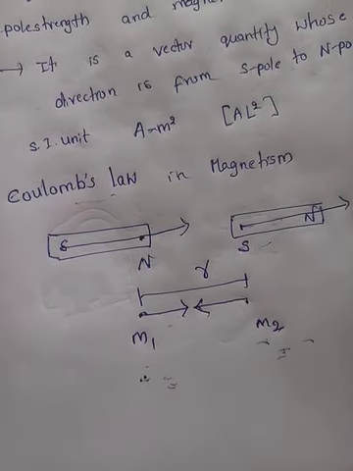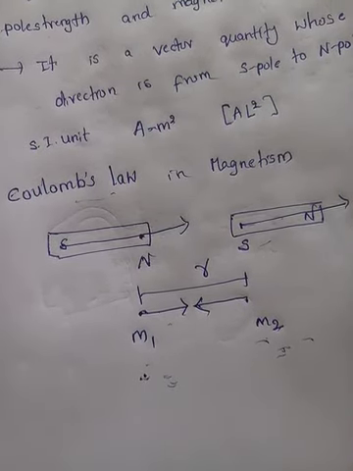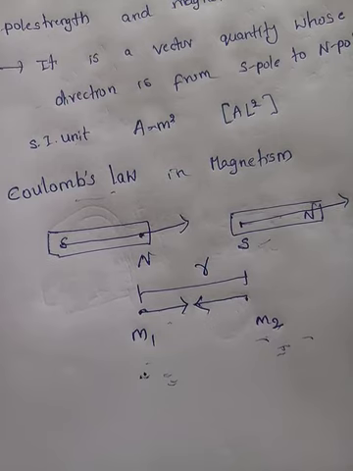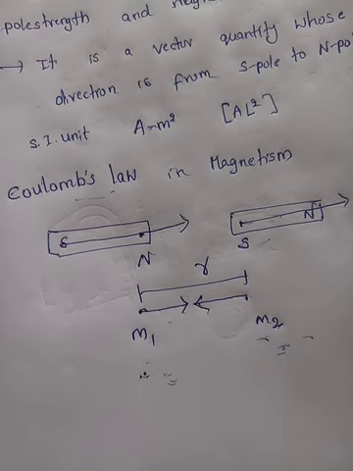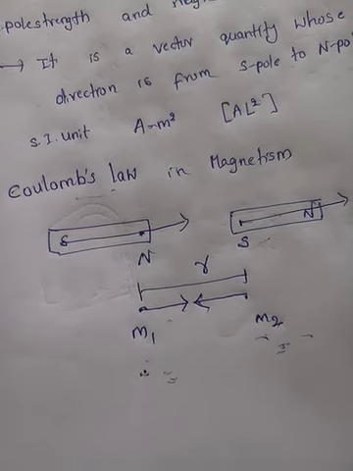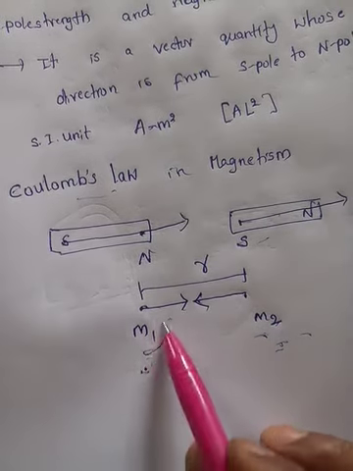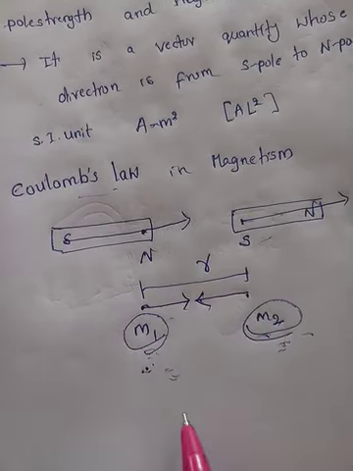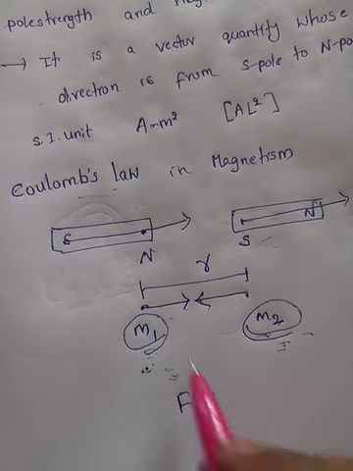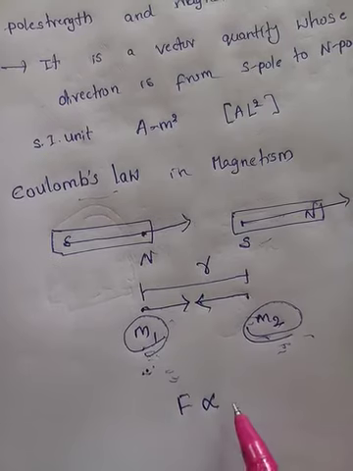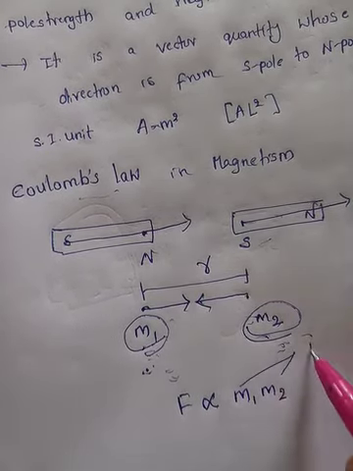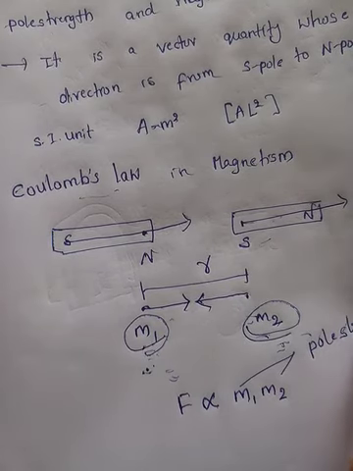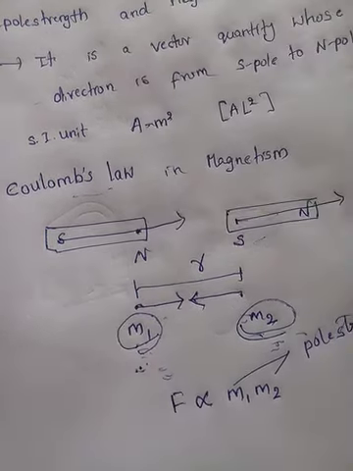In the same way as we defined Coulomb's law in electrostatics, the force of attraction or repulsion between two charges is directly proportional to the product of the magnitude of their charges and inversely proportional to the square of the distance between them. Here, the force of attraction or repulsion depends on their pole strengths. So what can you write? Force of attraction or repulsion between two poles is directly proportional to the product of the magnitude of their pole strengths.